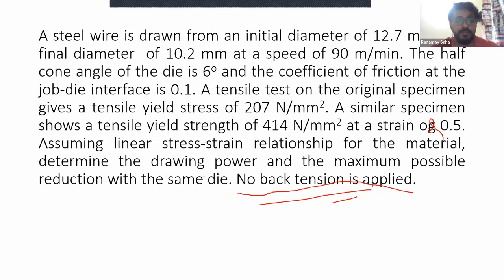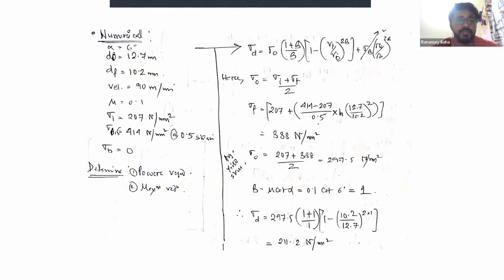All right, so let's look at the solution for this particular question. In that question, the half cone angle alpha was given as 6 degrees, and the initial and final diameters were given as 12.7 and 10.2 mm respectively.